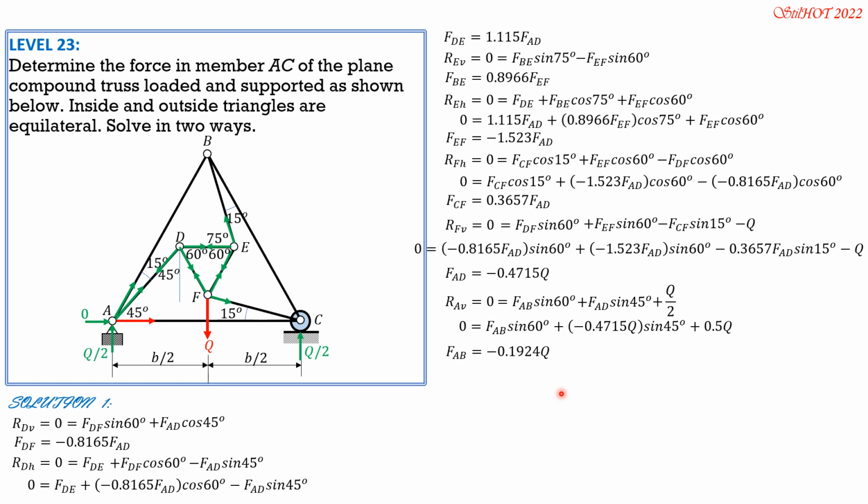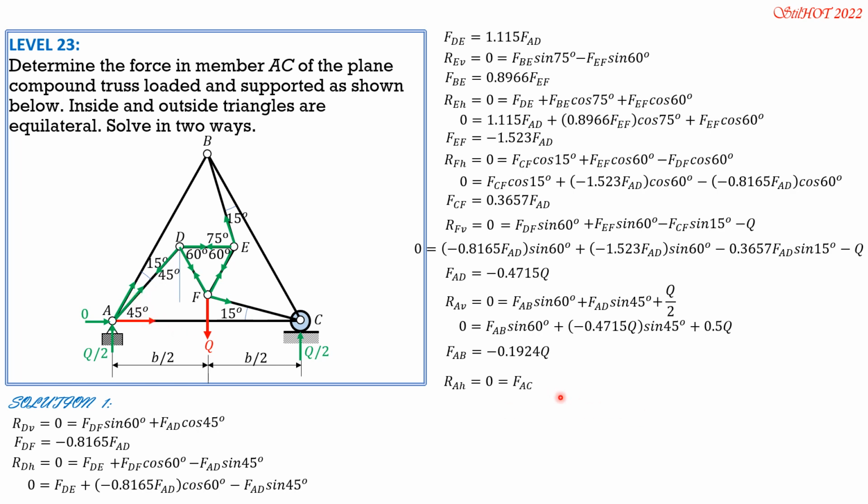Finally, RA horizontal equals 0. So FAC plus FAB cosine of 60, then plus FAD cosine 45.